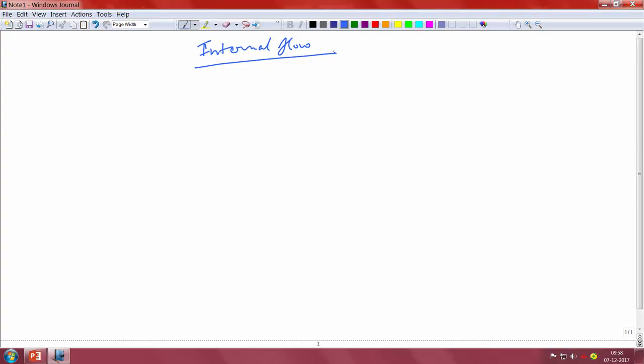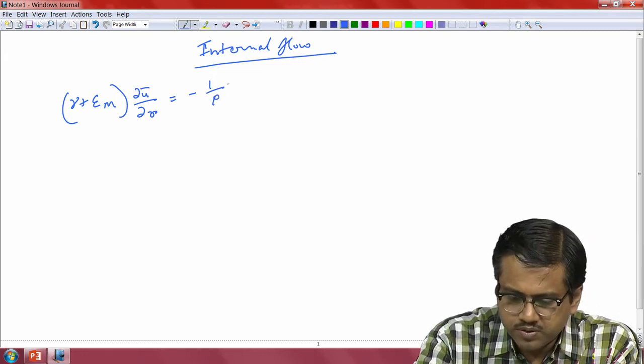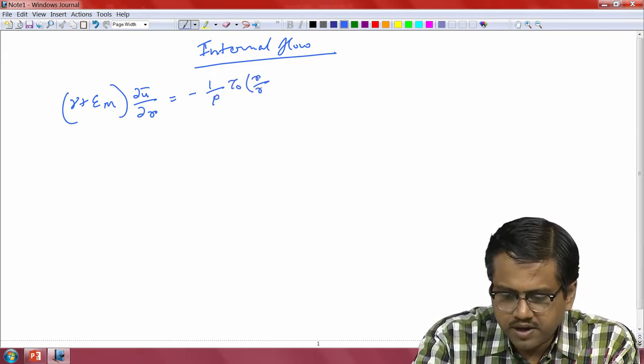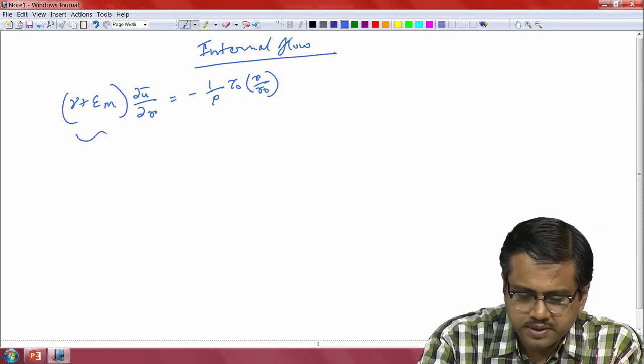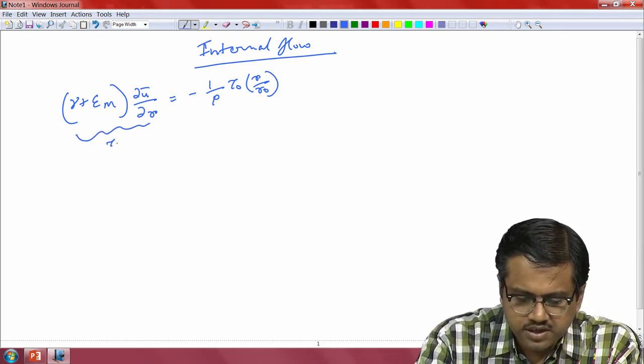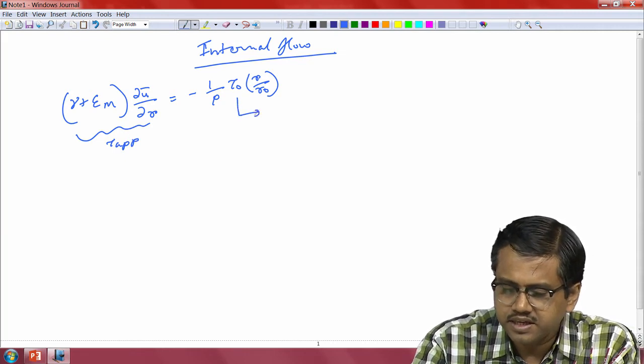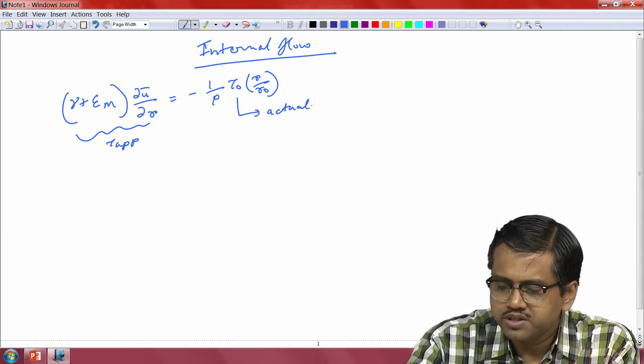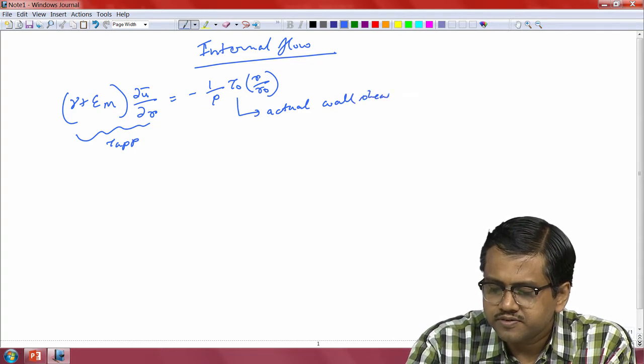So, we had started this internal flow in the last class. If you recall what we did in the internal flow, we showed that (gamma plus epsilon m) du bar by dr is equal to 1 over rho tau naught r by r naught, where this was the tau apparent, and tau naught is the actual wall shear stress.